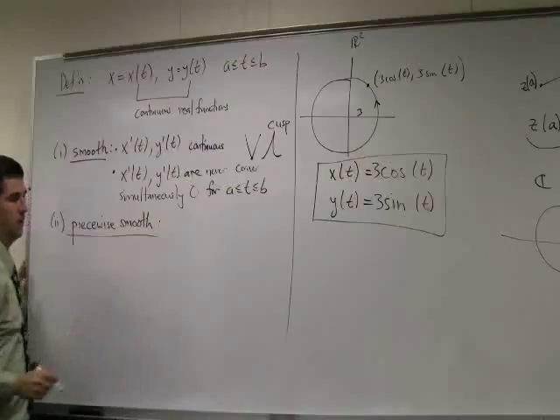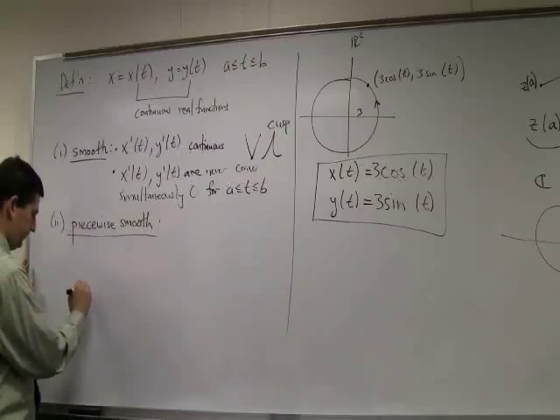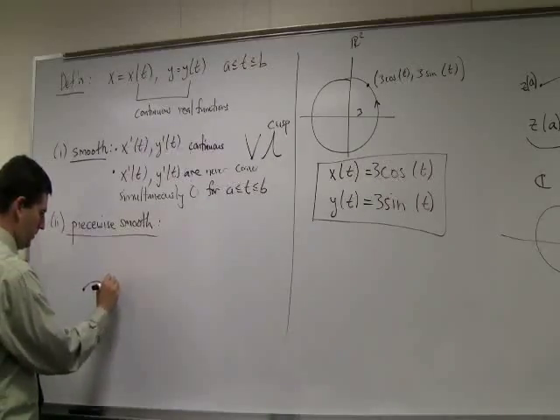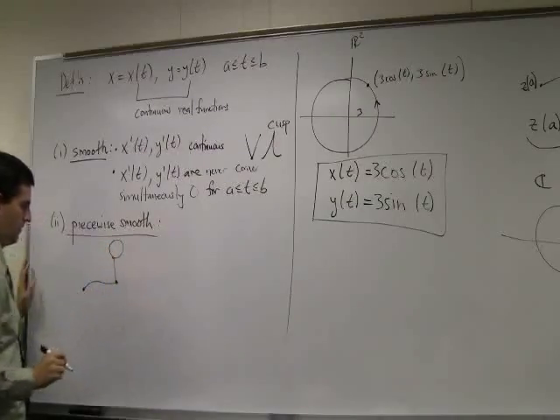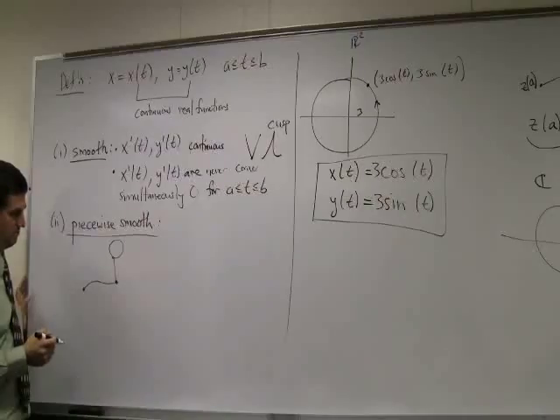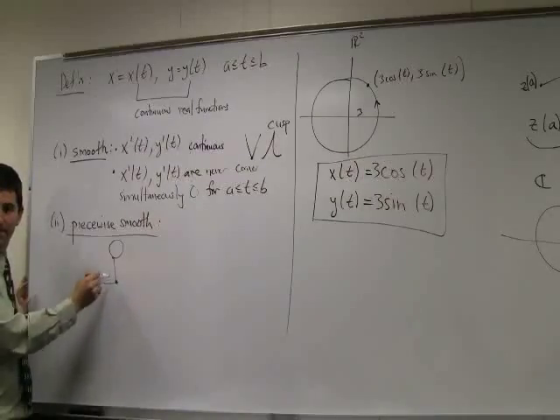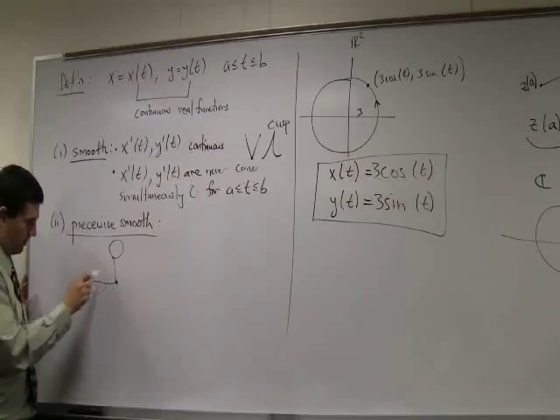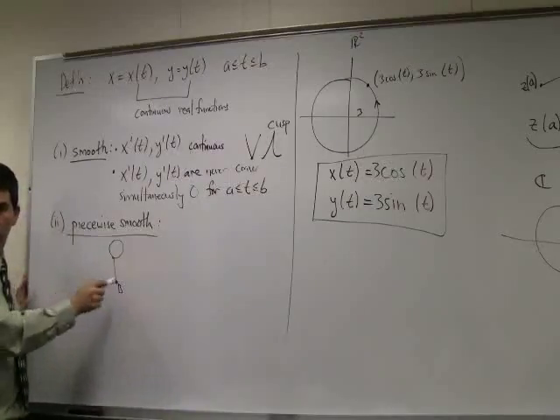Piecewise smooth curve. What is a piecewise smooth? That's a really funky volume. This is not good right here. But between this point and this point, between A and B, you just have a nice smooth curve.